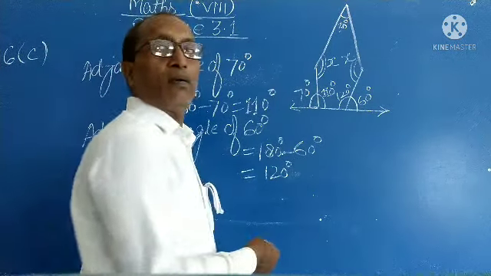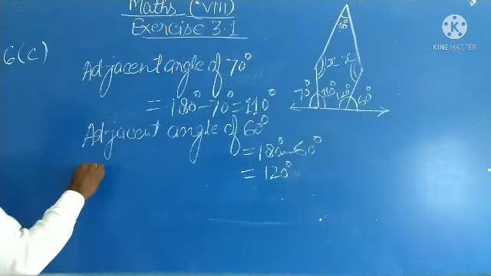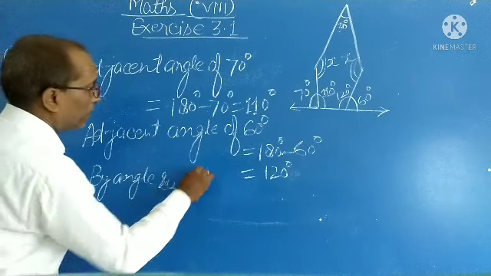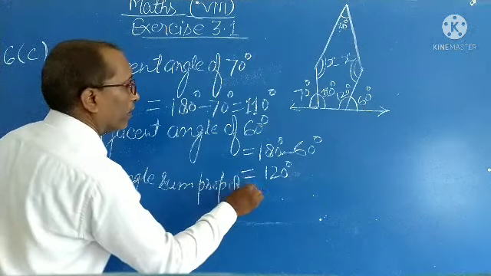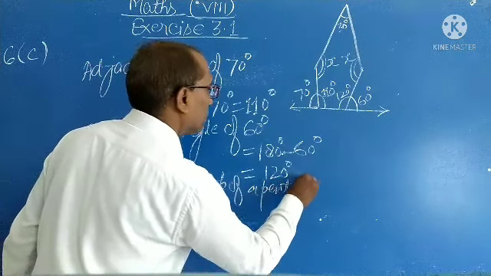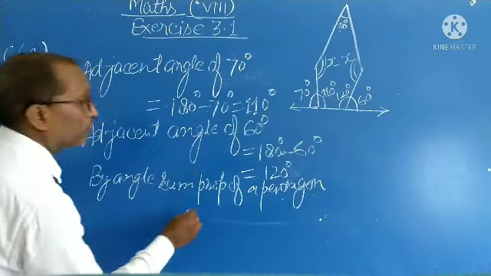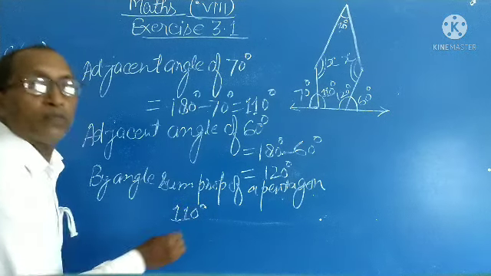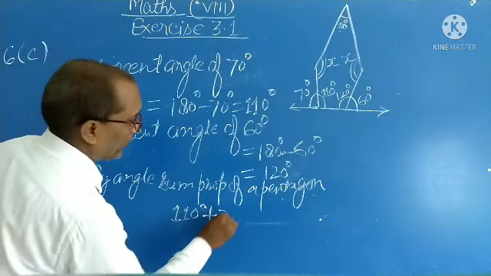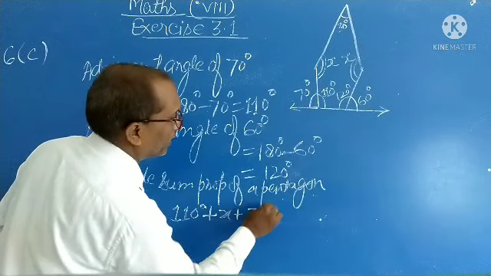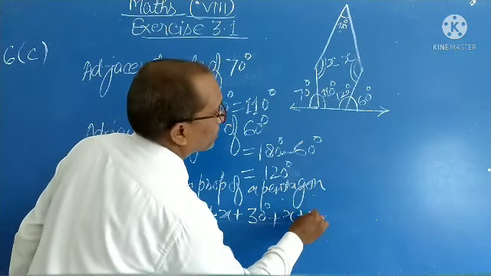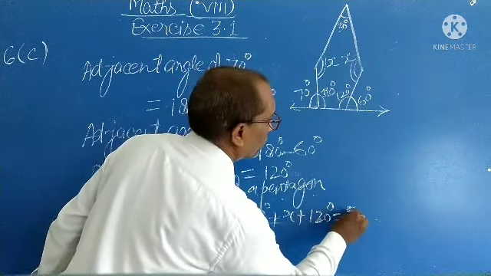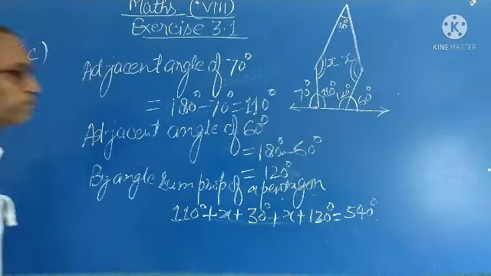Then you write down by angle sum property of a pentagon: 110 degree plus X plus 30 degree plus X plus 120 degree is equal to 540 degree.